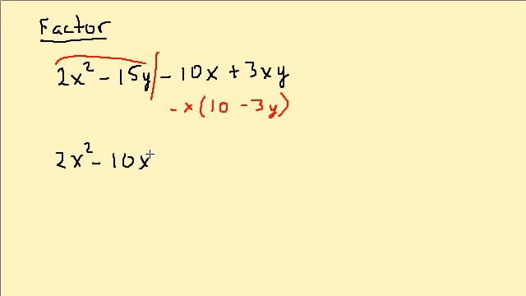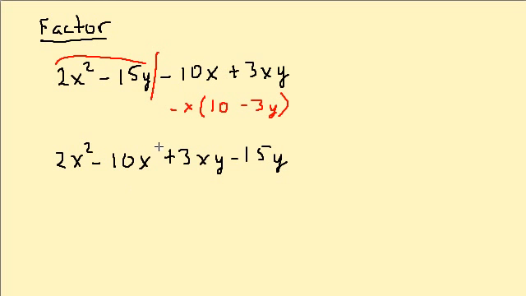Okay, and then let's write it as, I don't know, maybe plus 3xy minus 15y. Let's try that and see how that works. And when you rearrange the terms, you may not get it right the first time. You just have to rearrange them and see if you can get something that works.